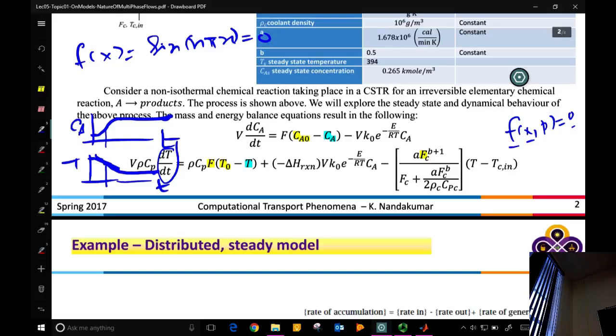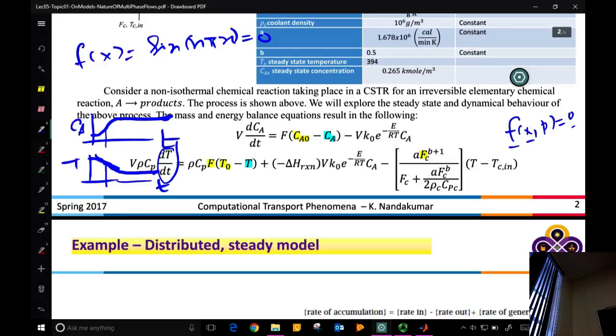Similarly, dCa/dt will not be 0. But I take that and put it in here and put it in there, and at those concentrations and temperature I plug in the right-hand side, the left-hand side will be equal to the right-hand side. But only when the right-hand side is equal to 0, meaning the derivative is 0, have I found the steady state solution. So these are called the initial condition.